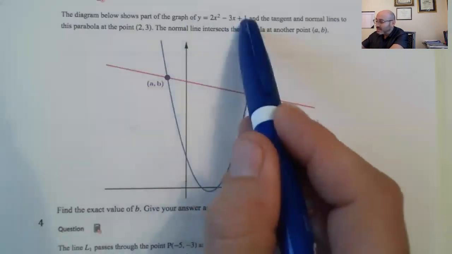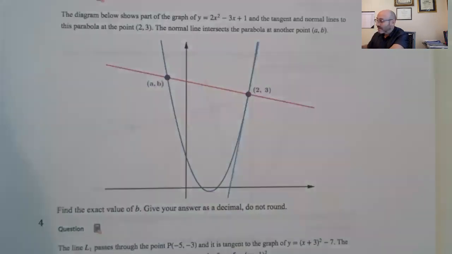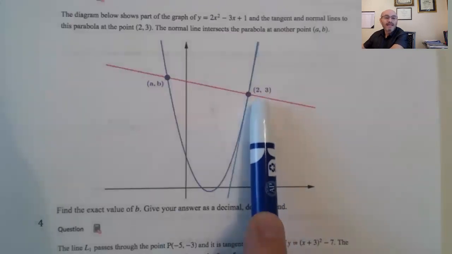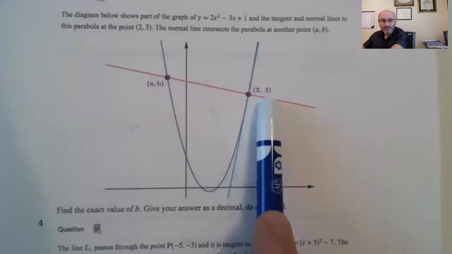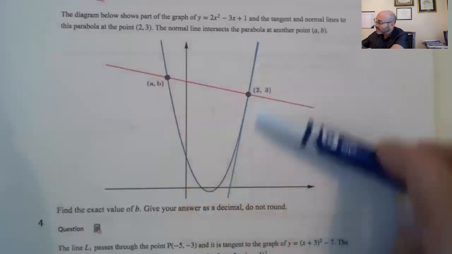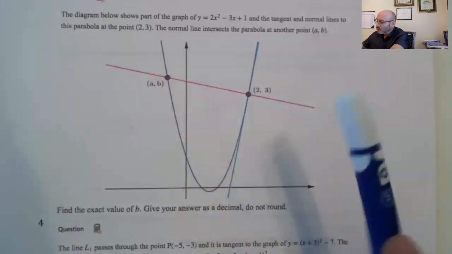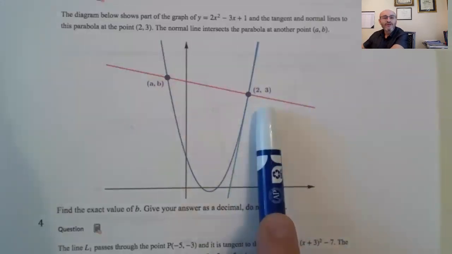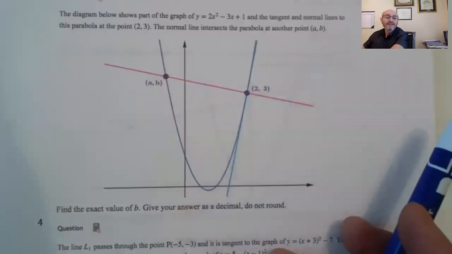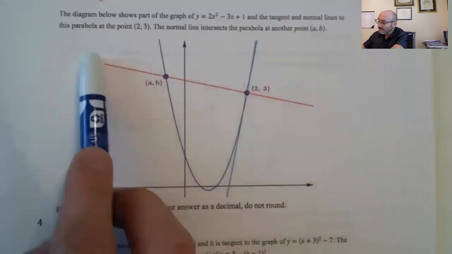That means the derivative of this function at this point is the slope of the tangent. You take the negative reciprocal and you have the slope of the normal. The normal is the red line, the tangent is the blue line. So once you have the slope of the normal, you also have this point, and you find the equation of this red line.